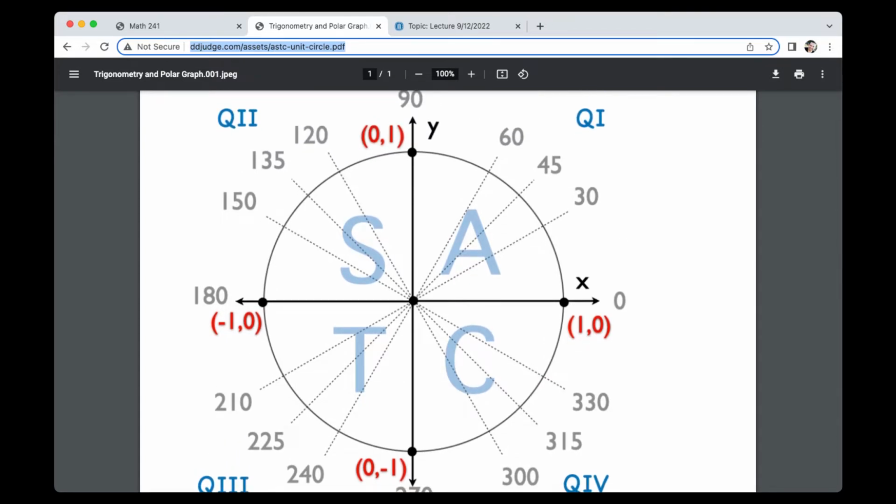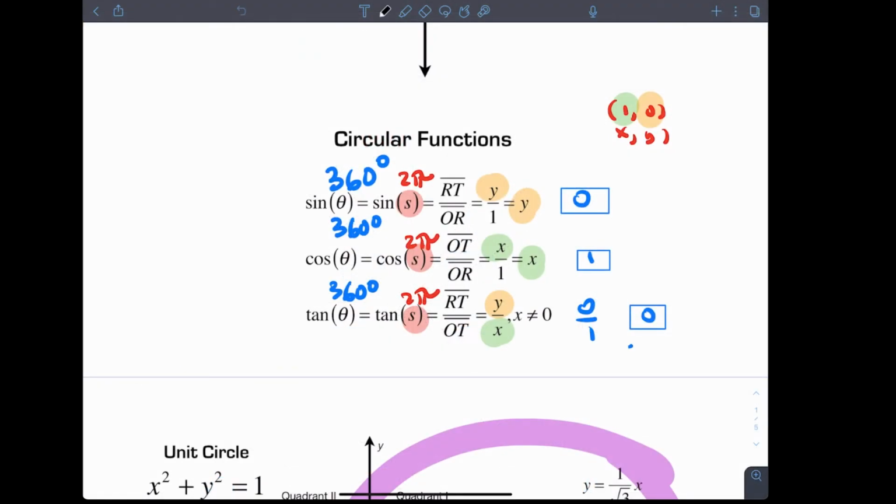Wow. Okay, let me express this to you guys here. If we go back to circular functions and the definition. Remember I said you guys have a table to do? Let's go back here. Anybody do that table that we're talking about?